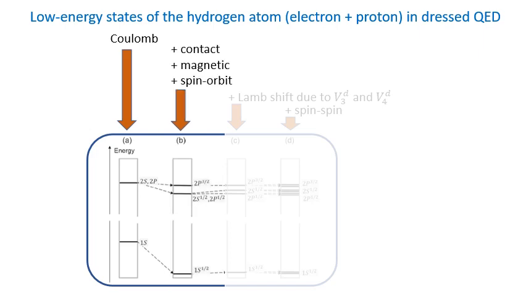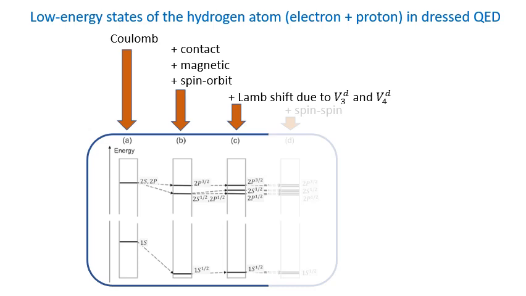Next, by adding contact, magnetic and spin-orbit terms, we will see how the so-called fine structure becomes resolved. The 2p 3/2 level splits from the degenerate group of 2s 1/2 and 2p 1/2.